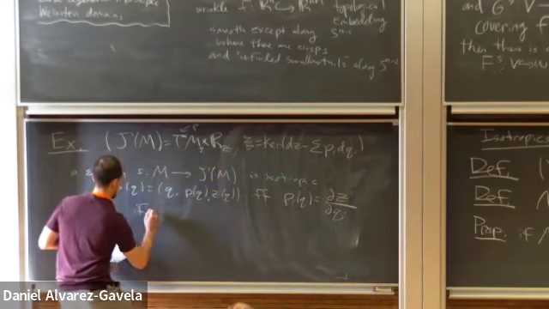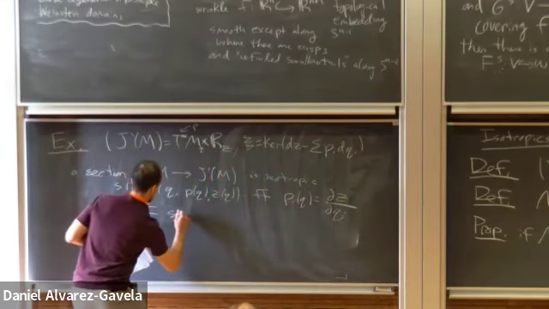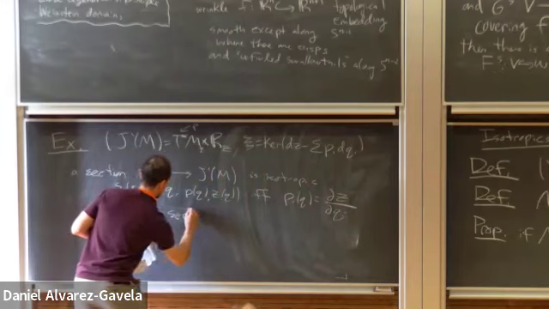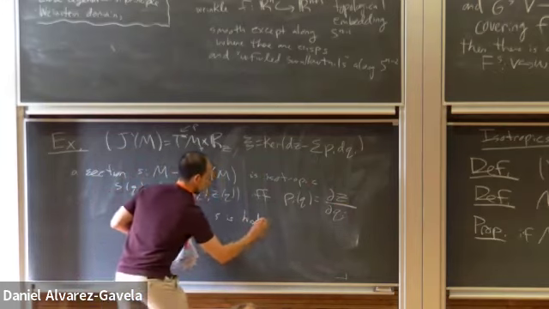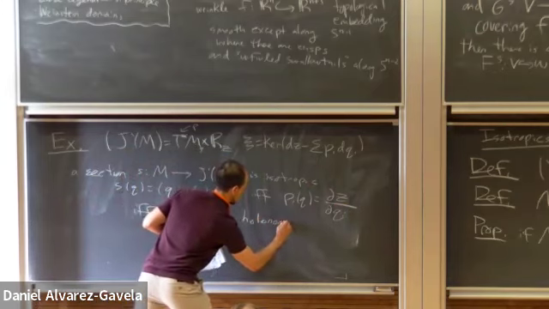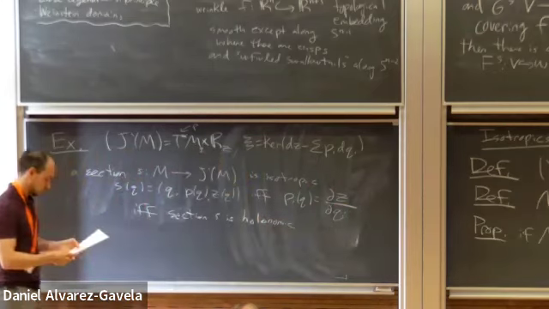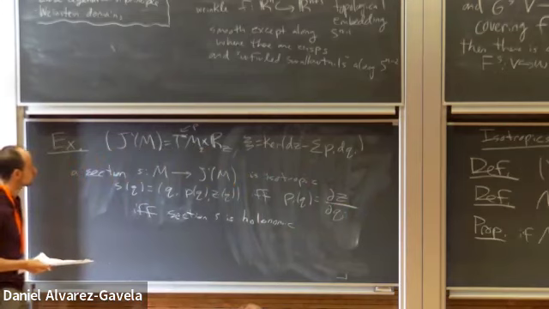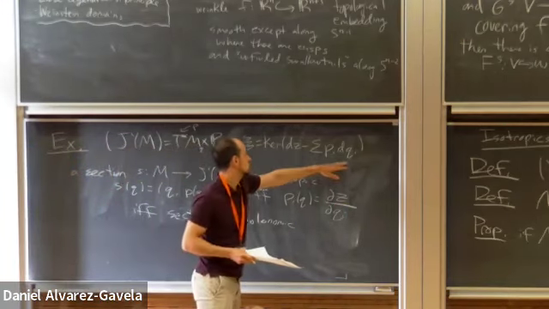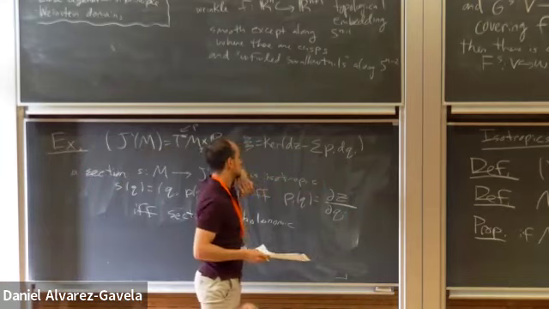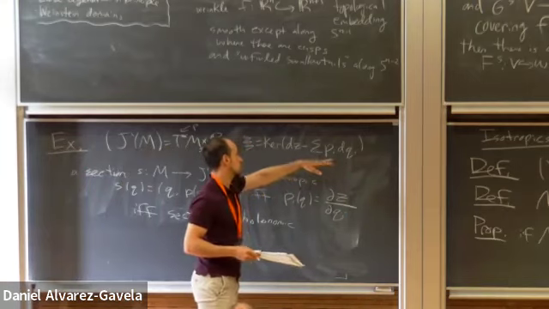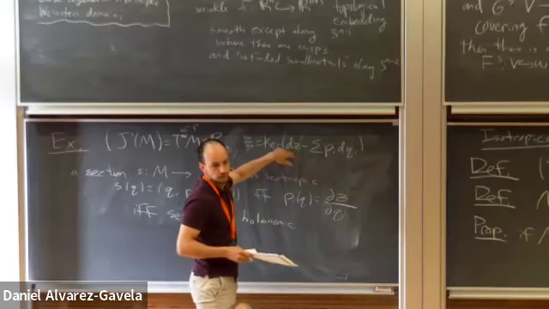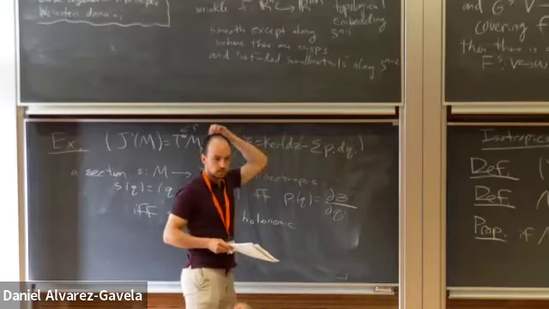So this is true if and only if the section S is holonomic. All right, because if you set this to 0 and you solve this, and you divide by dq_i, you'll get that p_i is the partial derivative of z with respect to q_i.